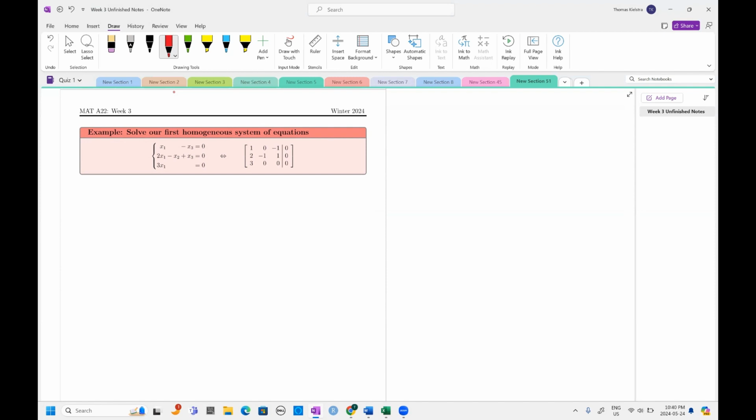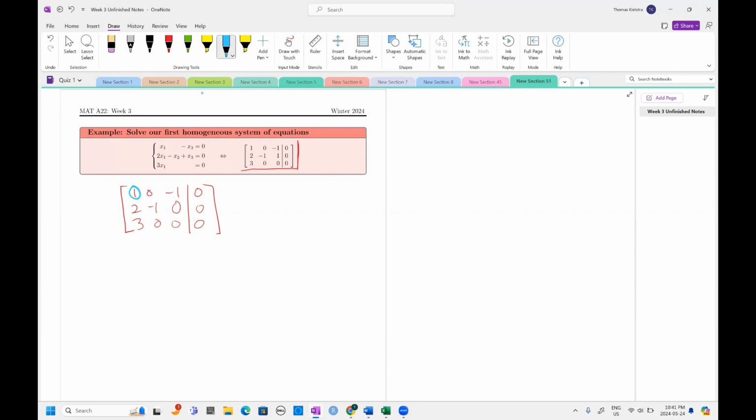So if we look at our augmented matrix representing this system of equations, the first thing I'm going to do is rewrite it down here. Okay, so 1, 0, minus 1, 0, 2, minus 1, 0, 0, and 3, 0, 0, 0. First, we're going to highlight my pivot, which for this sake will be this entry, and we're going to make it 1.